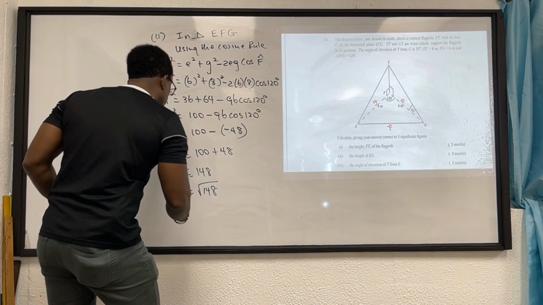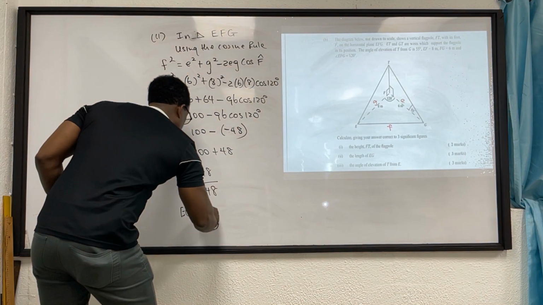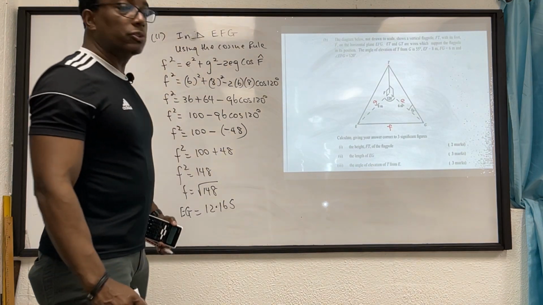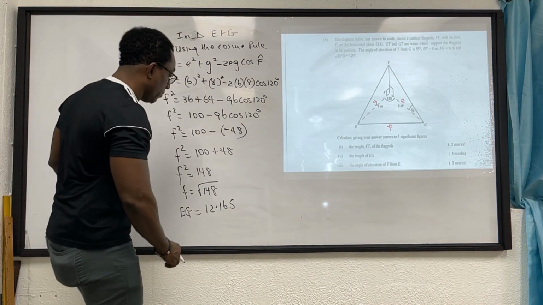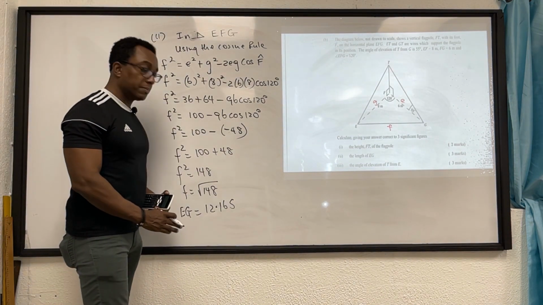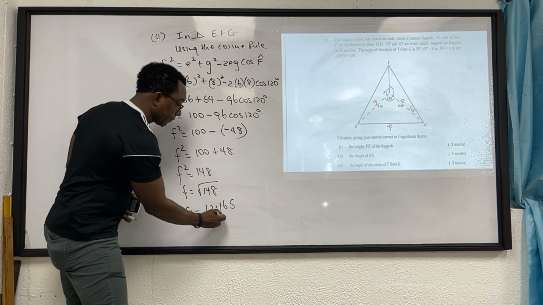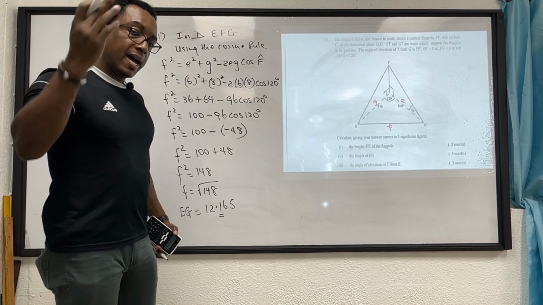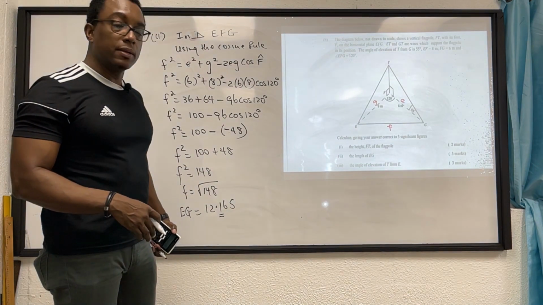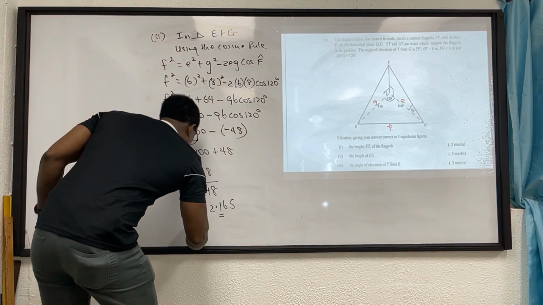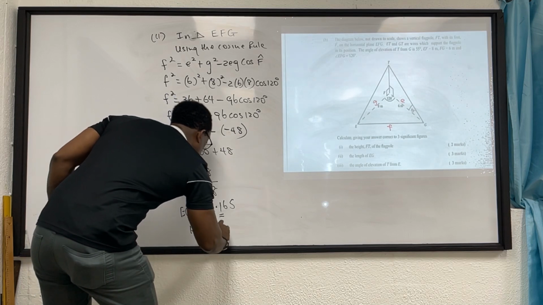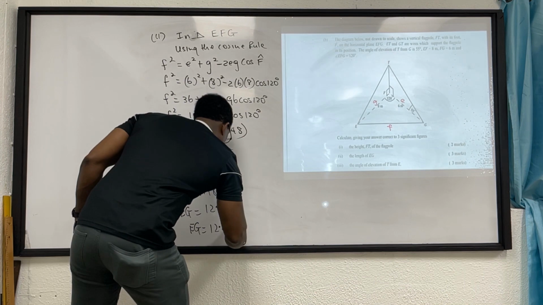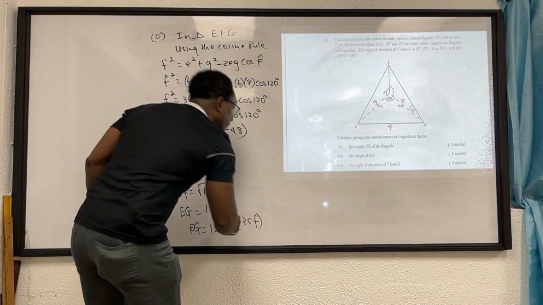So we know that EG is equal to 12.165, and for three significant figures we count from the first non-zero digit from the left, 1, 2, 3. We look at the number after, which is 6. Once it's 5 or more, we add 1 to the number before, so that 1 becomes 2. So EG is equal to 12.2 meters to three significant figures.